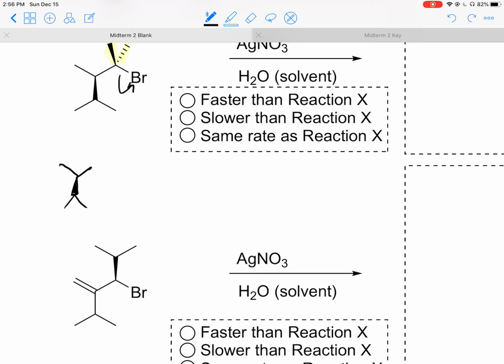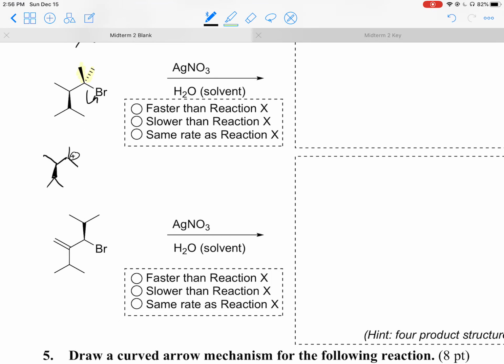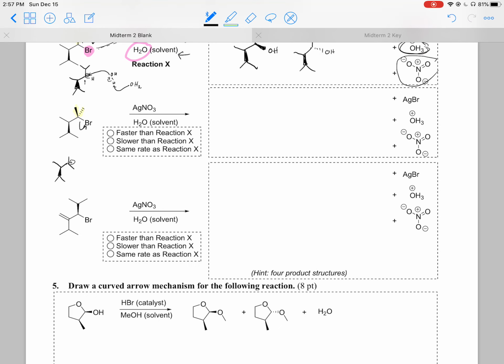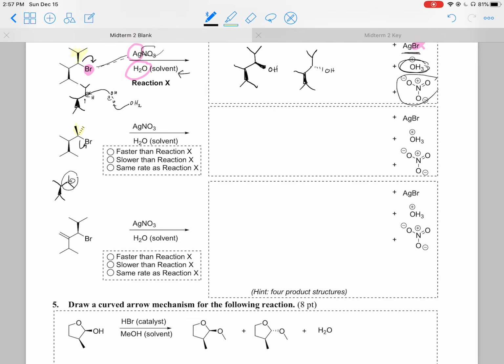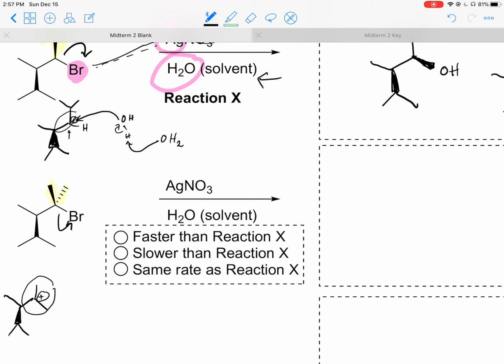I guess that's going to be like this plus, and then the water is going to attack the same way. What's the difference here though is this carbocation is tertiary instead of secondary, right? This one had 2 carbon groups attached to it.